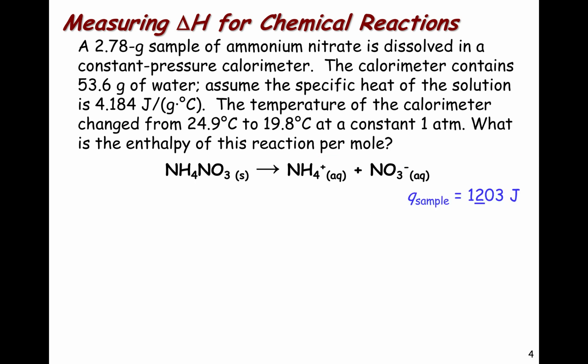However, we haven't completely answered the question at this point, because we are trying to figure out the amount of enthalpy change per mole of the ammonium nitrate. So at this stage, we have the heat that was put into the system, which is our 1,200 joules, and we're going to carry along a couple of extra digits here.